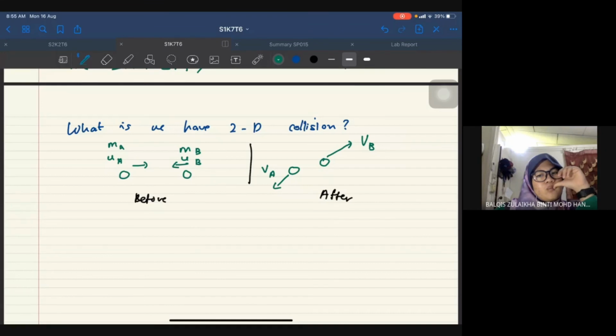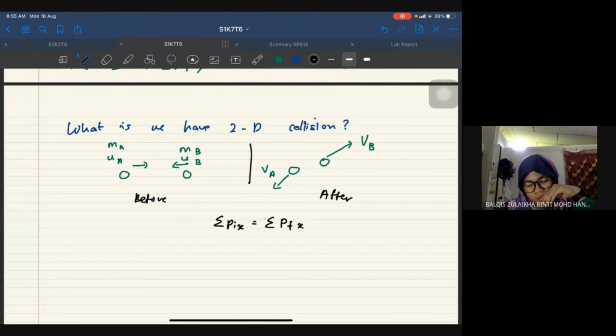So what you guys need to do is that you can solve this one using conservation of momentum, but you have to do Pi for X and Pi for Y. Apa saya cakap ni?